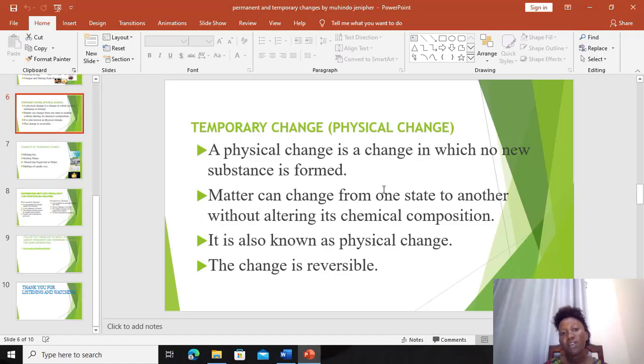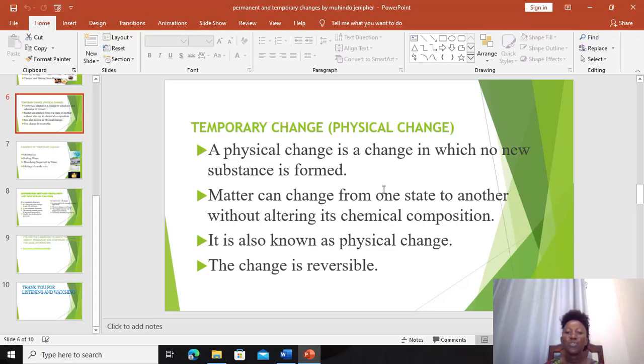Let us look at temporary changes, or what we call physical changes, or reversible changes. What is a physical, or temporary, change? This is a change in which no new substance is formed. Matter can change from one state to another without altering its chemical composition.